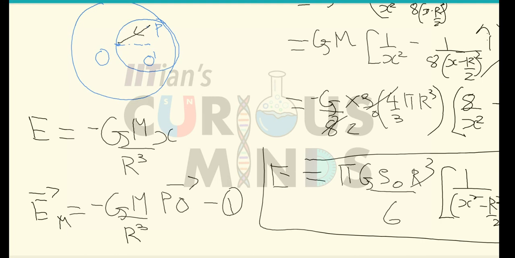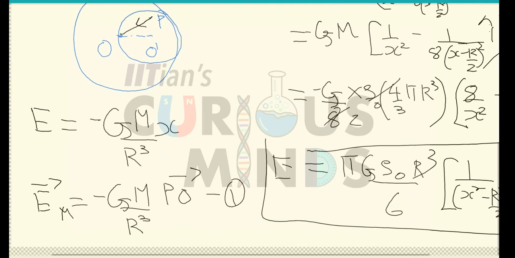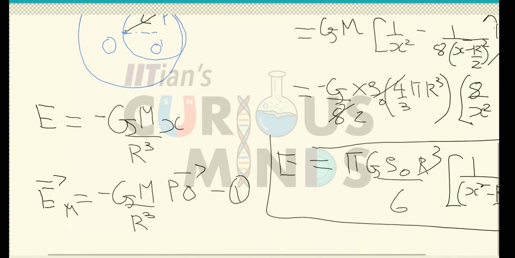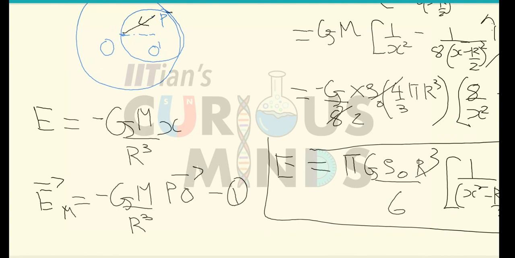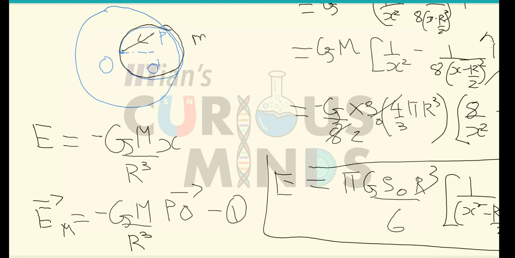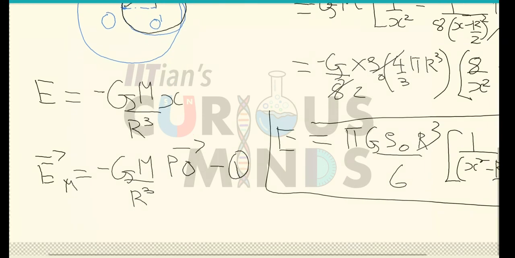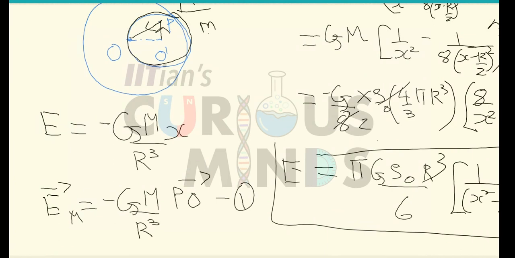If I find out the field due to the small mass, this mass will be negative first of all, and what will be its direction? Since the mass has been removed, and the capital mass is the actual mass present, the gravitational field will be away. It is also inside this part.